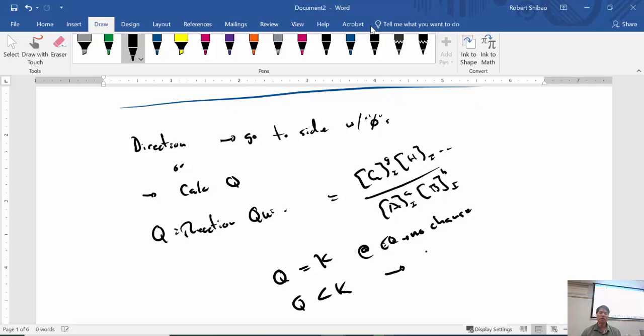So in other words, we have minus X, plus X kind of thing. If Q is greater than K, we have too much product. And so the change is going to be plus, minus. And so in other words, this would be forward change, this would be reverse change here. So we'll say forward reaction, reverse reaction here.